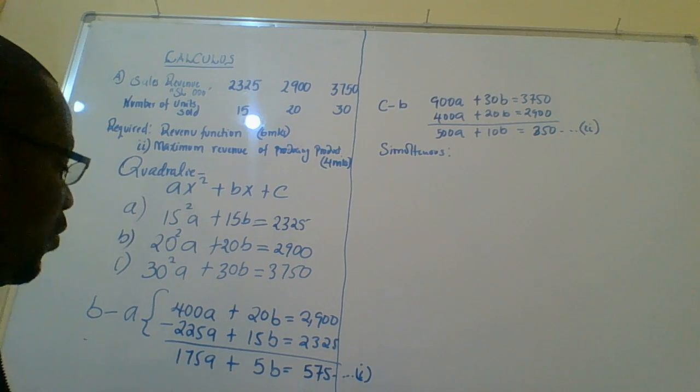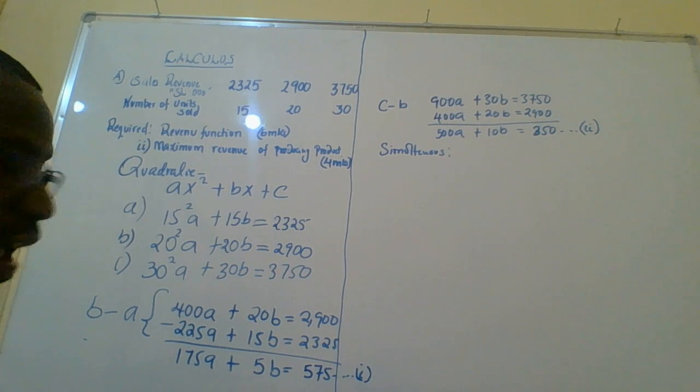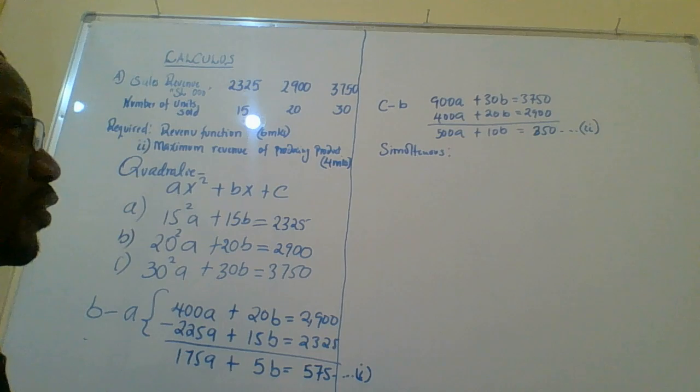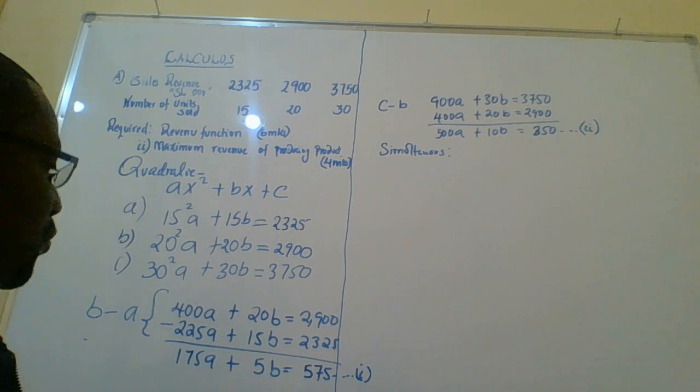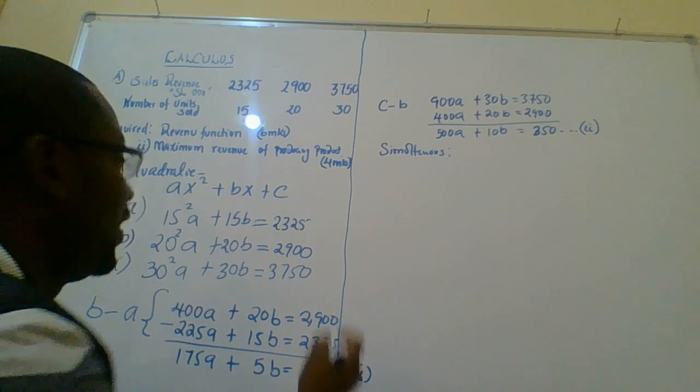As here we have 175A plus 5B is equal to 575. So I can have it here.